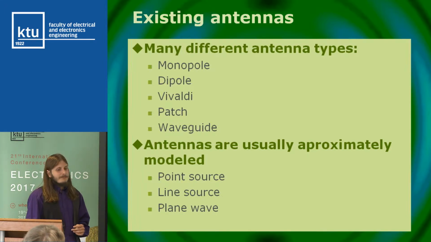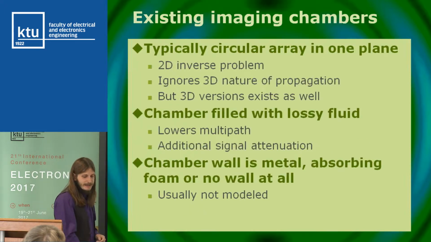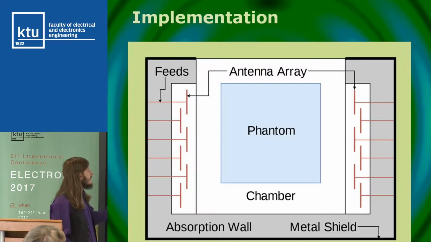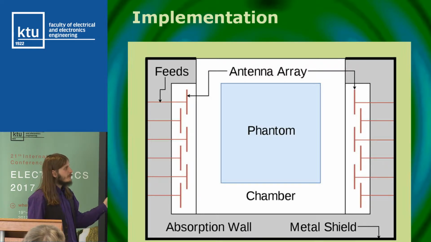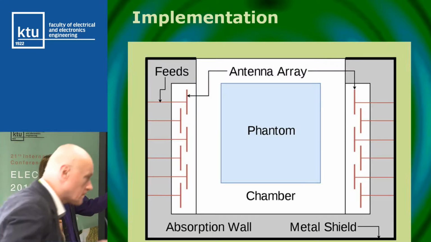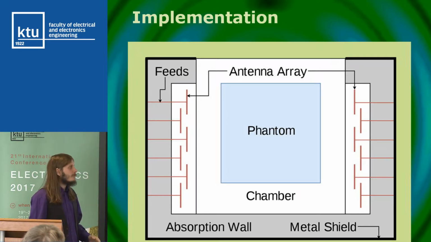But again, for example, the Vivaldi antenna occupies much more space in the imaging. This square spiral antenna is perpendicular to the radiation, so you can put it on the wall of the chamber, and it doesn't occupy too much space. The Vivaldi antenna is transversal, so it would occupy a lot of space and a lot of simulation resources, even more than the phantom object of interest. So that's the reason why we prefer patch antennas and these antennas.